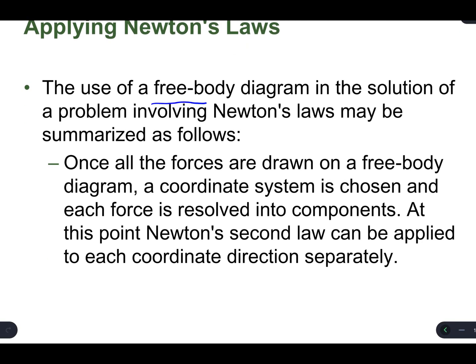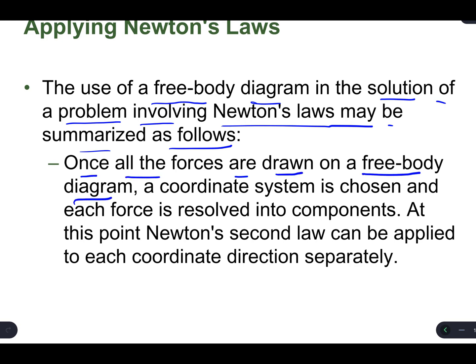The use of a free body diagram in the solution of a problem involving Newton's law may be summarized as follows. Once all the forces are drawn on a free body diagram, a coordinate system is chosen, and each force is resolved into components.